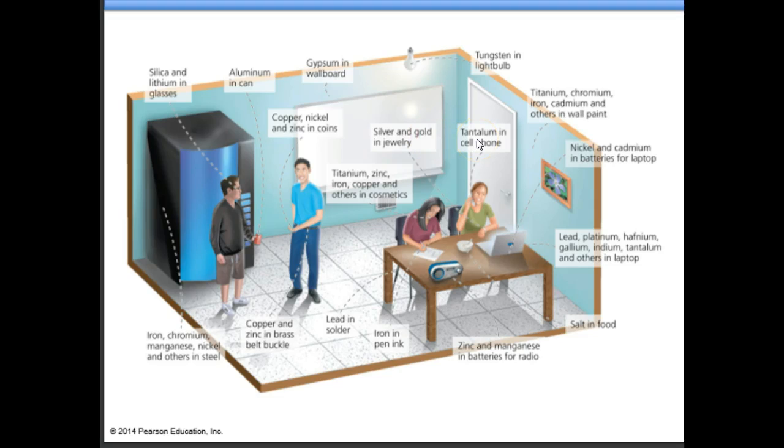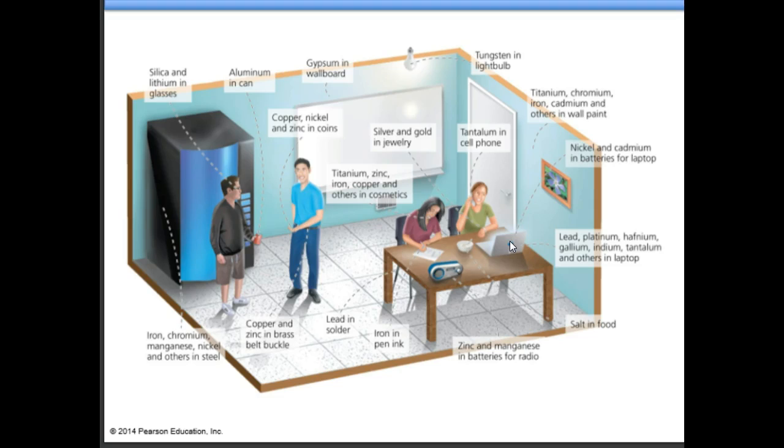Your cell phone, as we've already discussed, has tantalum in it. The light bulb has tungsten. The paint that you have on your walls will have titanium and chromium and iron and cadmium. In your computers, we have nickel and cadmium for the batteries. And we also have lead, platinum and hafnium and gallium and indium and tantalum.